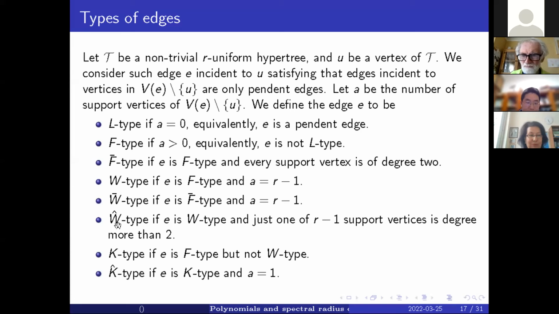E is a W hat type if E is W type and just one of the r-1 support vertices is of degree more than 2. E is K type if E is F type but not W type. Edge E is K hat type if E is K type and A is equal to 1.